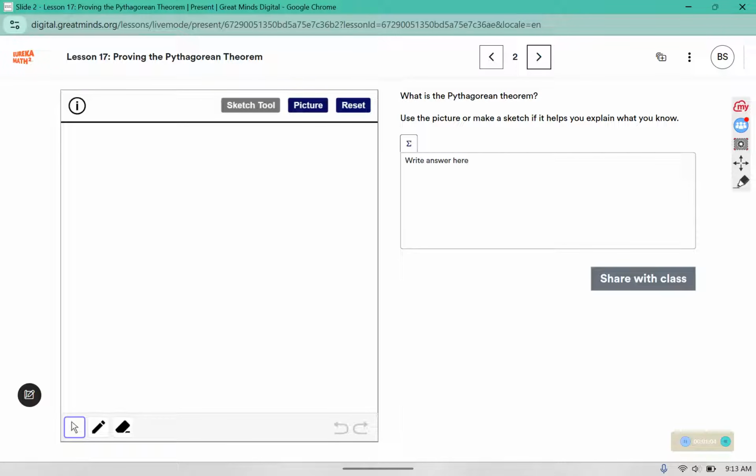What is the Pythagorean theorem? Use the picture or make a sketch if it helps you explain what you know.